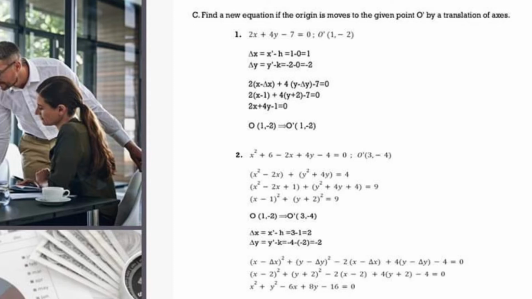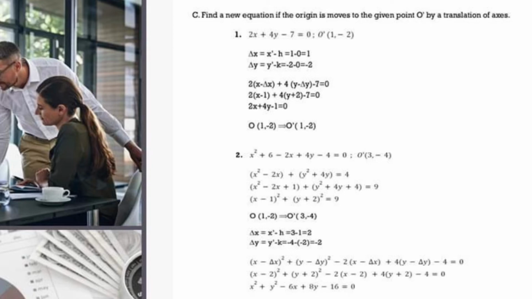For that, we have the quantity x squared minus 2x plus the quantity y squared plus 4y is equal to 4. If that's the case, we need to expand it. Therefore, we have the quantity x squared minus 2x plus 1 plus y squared plus 4y plus 4 is equal to 9.